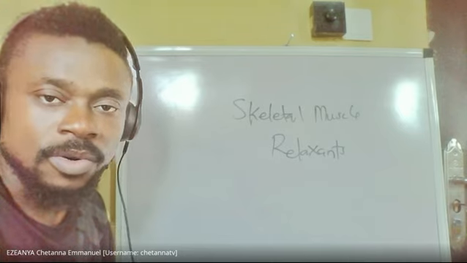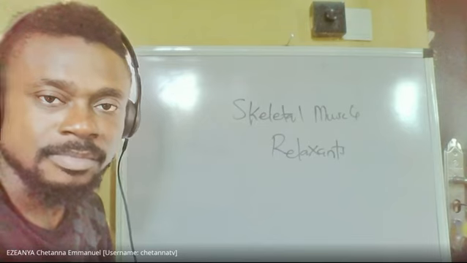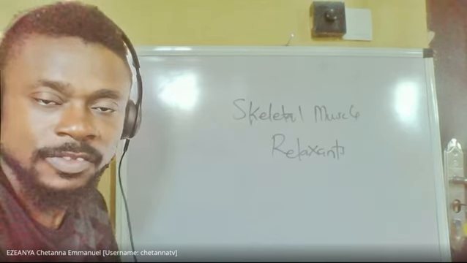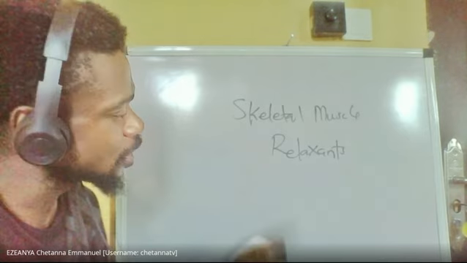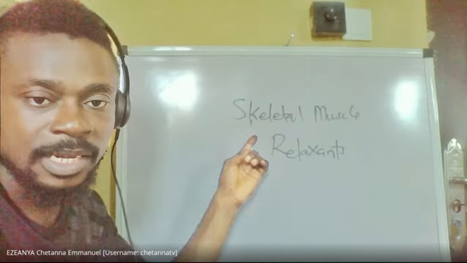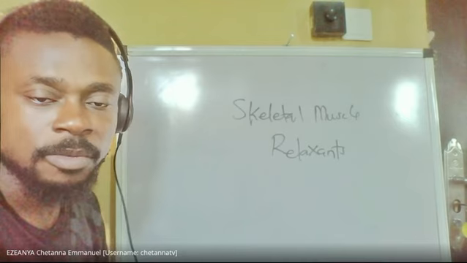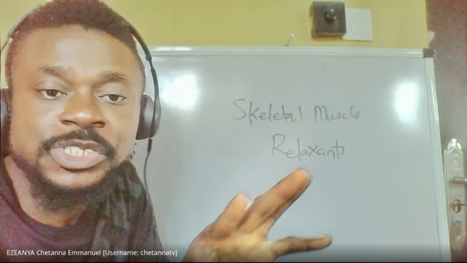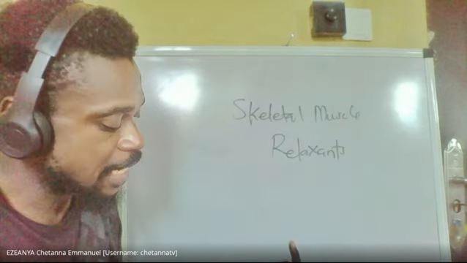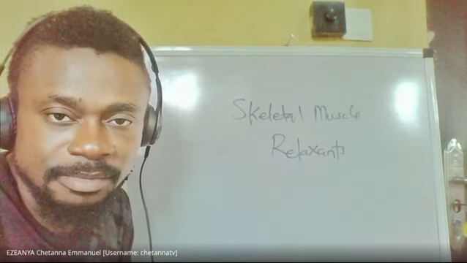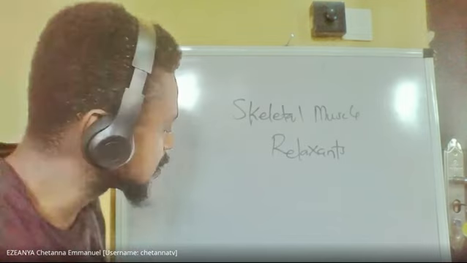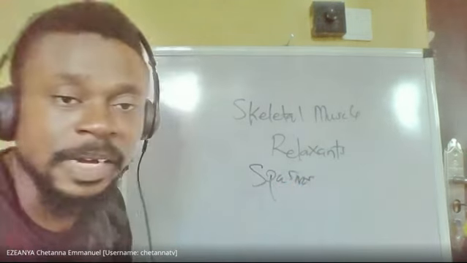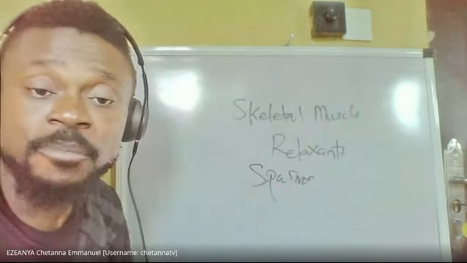If there's spasm, uncontrolled contractions of the skeletal muscles, these drugs are there to do their job. So let us not waste time. Muscle spasms that can come from injuries.